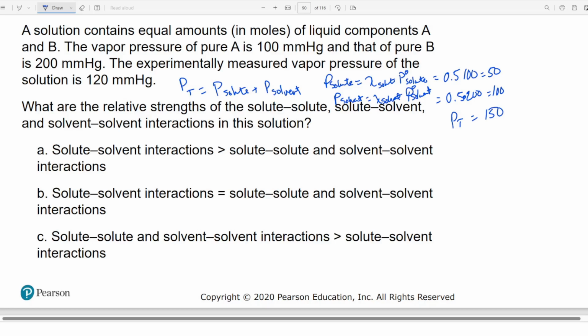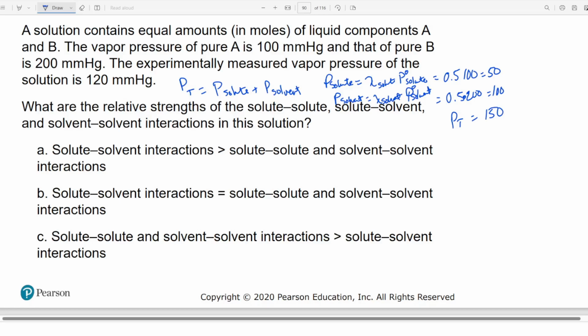The pressure for the solute for an ideal solution would be the mole fraction of the solute times the vapor pressure of the pure solute. And this is a liquid solute. And that would be 0.5 times 100, which would be 50. The vapor pressure due to the solvent is equal to the mole fraction of the solvent times the vapor pressure of the pure solvent.